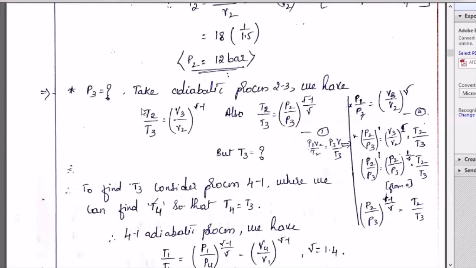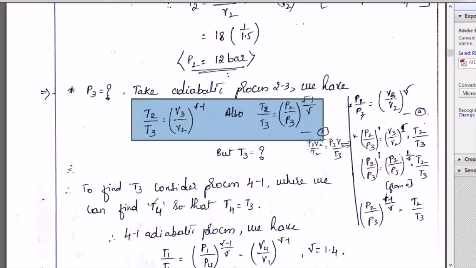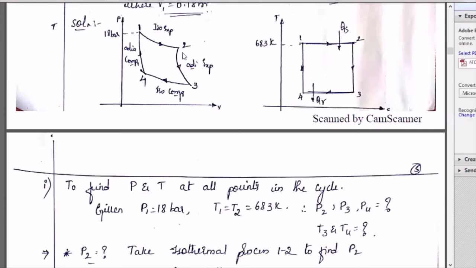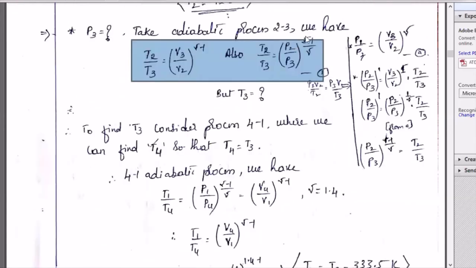This formula is very important for all adiabatic processes. Always remember more volume to the lesser volume. The more volume for the 2 to 3 process is 3. So V3 by V2 to the power of gamma minus 1 is equal to T2 by T3, is equal to P2 by P3, but I cannot write P2 by P3 as it is. It will become to the power of gamma minus 1 by gamma. How does this become P2 by P3 to the power of gamma minus 1 by gamma?